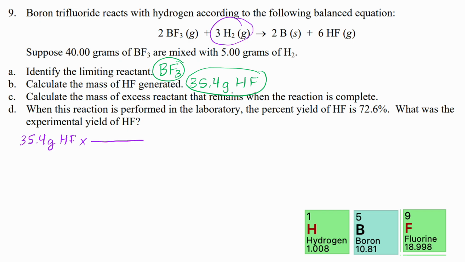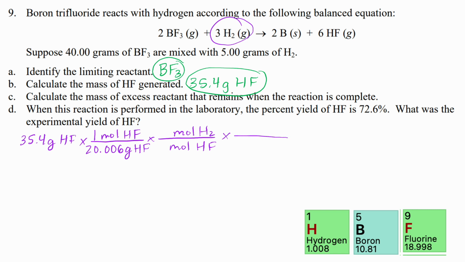So first step is to get rid of grams, and 1 mole of HF is equal to the molar mass of HF, which is 20.006. Now that we're in moles, we can do the mole ratio.